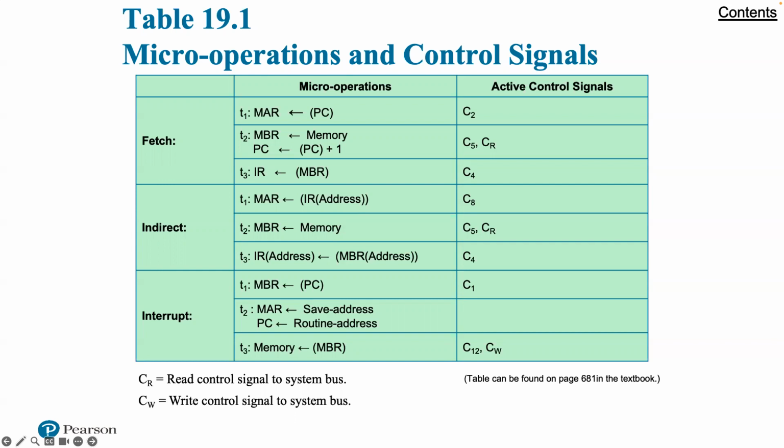Table 19.1 indicates the control signals that are needed for some of the micro-operation sequences described earlier. For simplicity, the data control paths for incrementing the PC and for loading the fixed address into the PC and MAR are not shown.